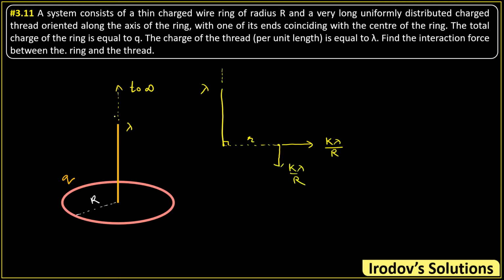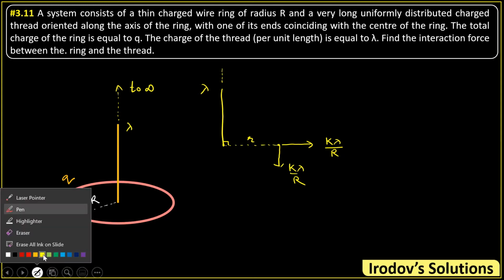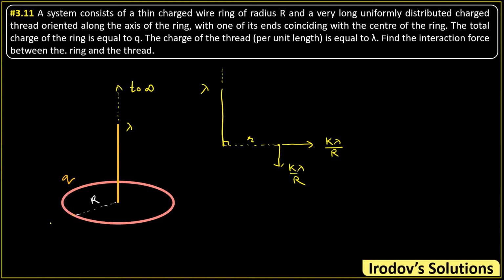So here, because of this semi-infinite wire, I want to show the electric field at a few points of this ring. Suppose I want to show the electric field at this point, so there will be an axial component, and let me write this equal to E, and this is also E. And on the diametrically opposite point, the axial component is E, and one component will be E like this.